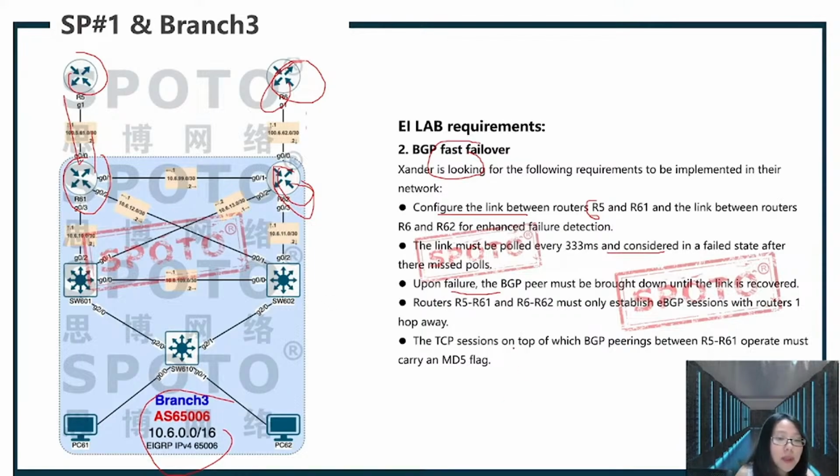So the TCP session on top of which BGP peering between these two devices runs must carry an MD5 flag. Okay, so this question mainly tests link detection and security strategies.